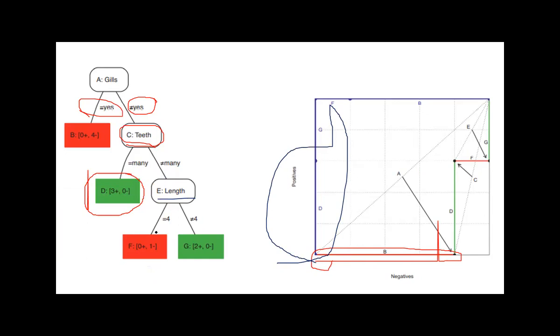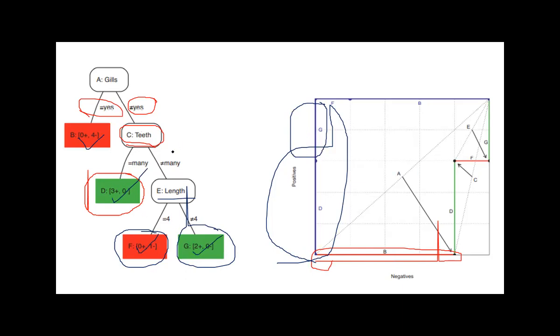If length is equal to 4, it is negative. If length is not equal to 4, whether it is 3 or 5, we say it is positive. So this is G. This is again a positive. So all leaves are now pure.